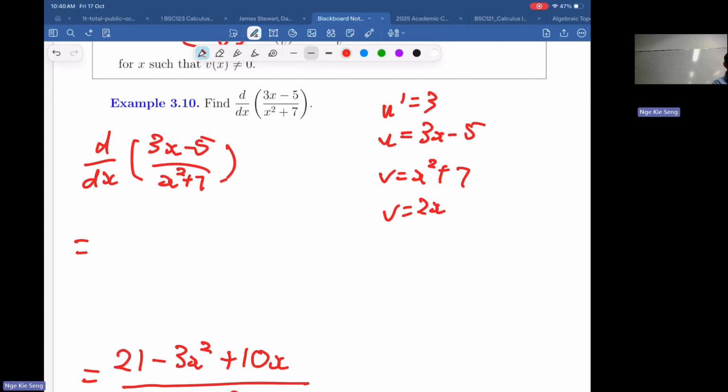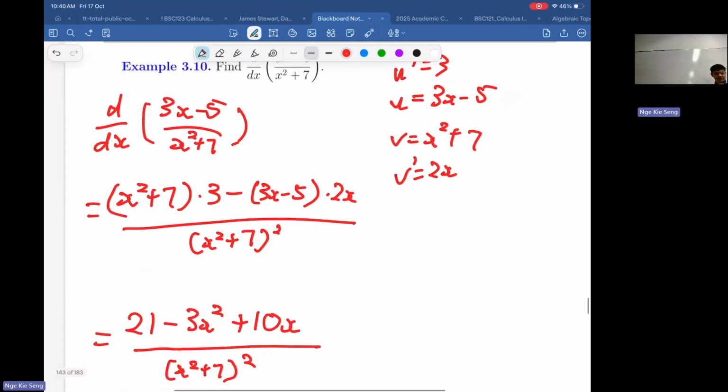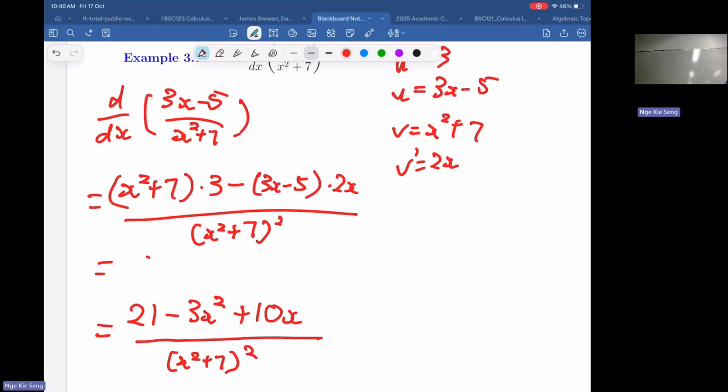You take v, x squared plus 7, multiply by u prime, and then take away u, that is 3x minus 5, multiplied by 2x, over (x squared plus 7) squared. Thank you, Arthur. I think I got the same answer. And then you do the simplification. Quite straightforward, yeah?